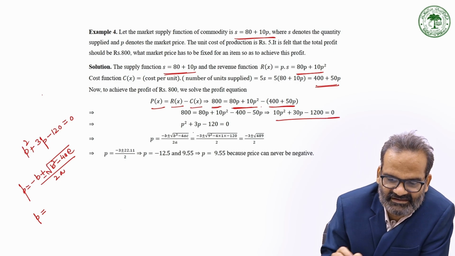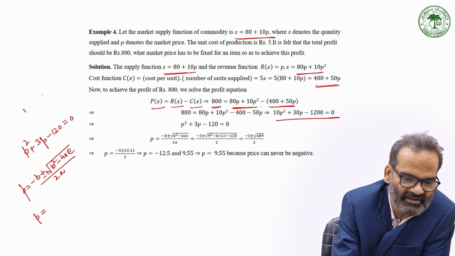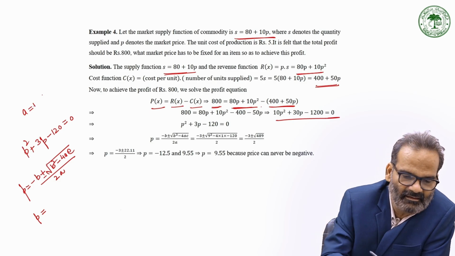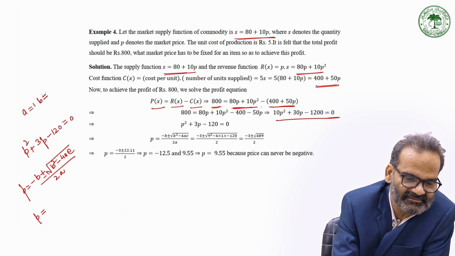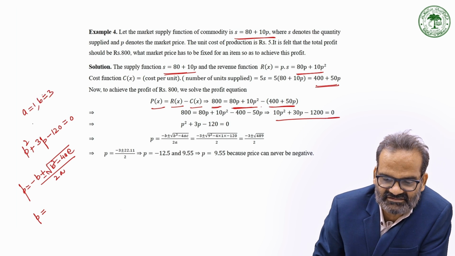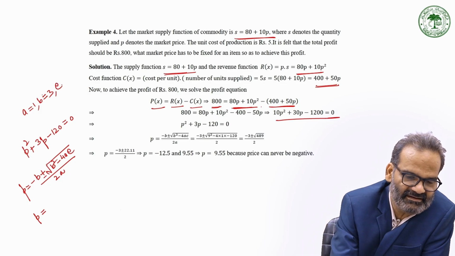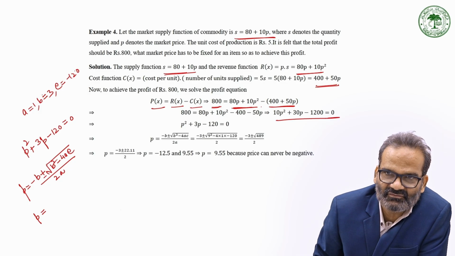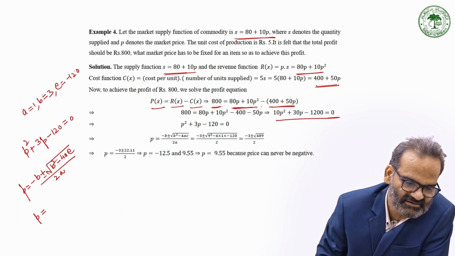Now substitute the values of a, b, c in the formula. From this equation, what is the value of a? A is 1 because the coefficient of p square is 1. B is 3 because the coefficient of the middle term is 3. And c is minus 120. Now substitute all three values.